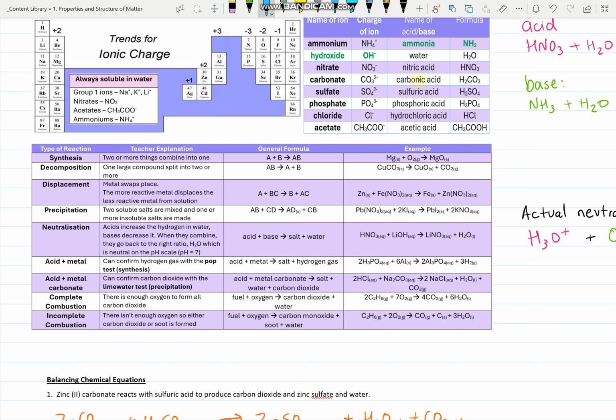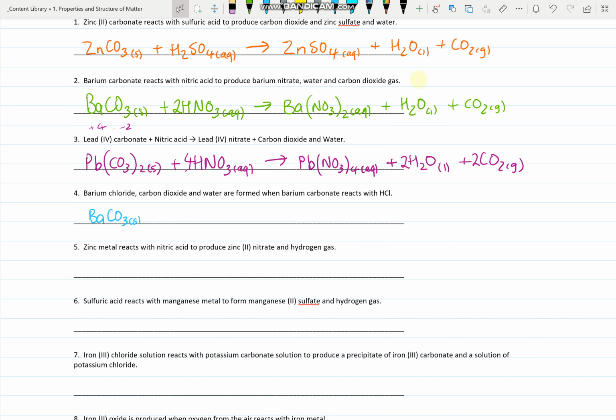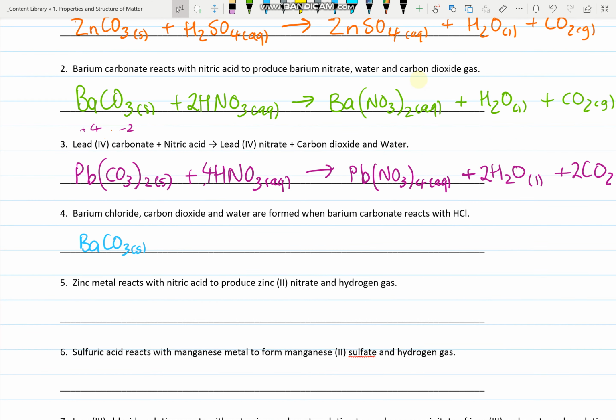That also goes for everything in this list. So nitrates, acetates, and ammoniums. If I see anything paired with them, I write aqueous. Seeing this barium carbonate, there's nothing on that list that is there. So I write solid because of that. It gets you there most of the time.